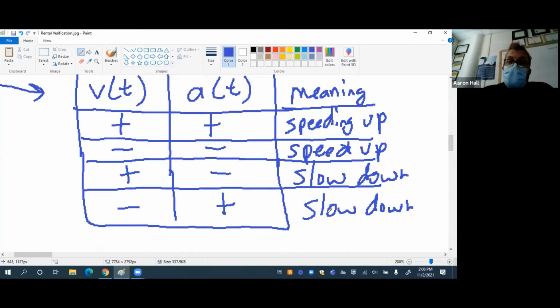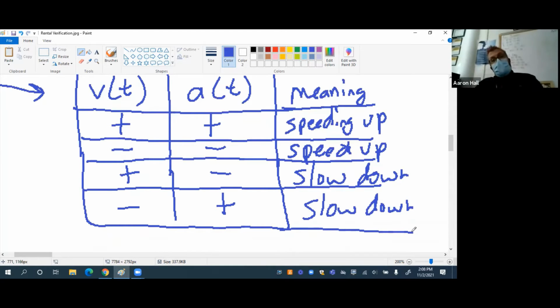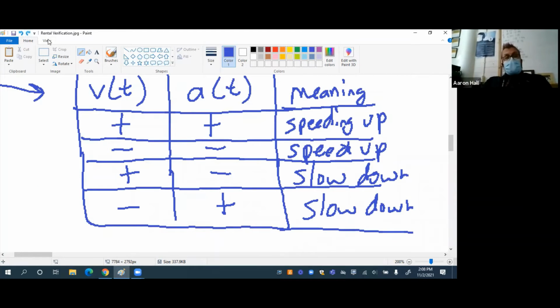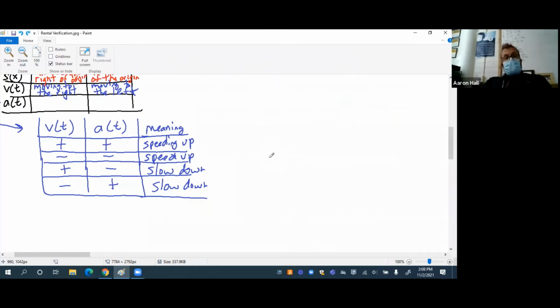So explain to me how you know whether you speed up or slow down. What's a simple way we can wrap our heads around this whole chart here? Yeah, if your velocity and your acceleration are opposite, then you slow down.